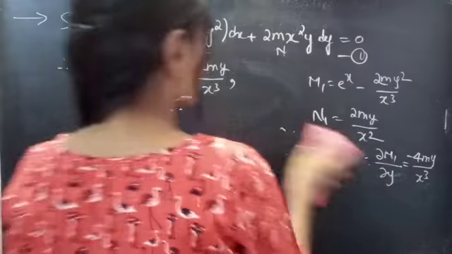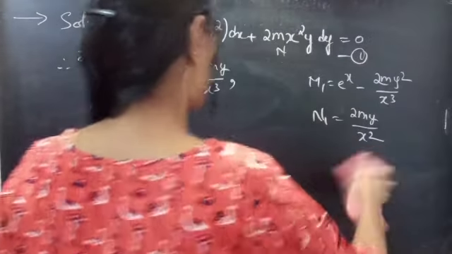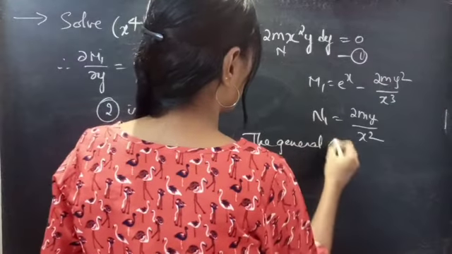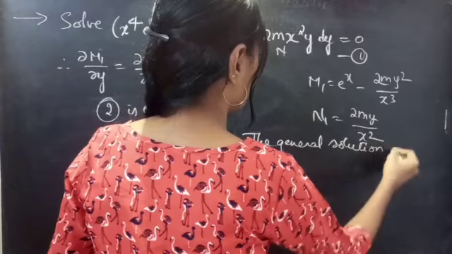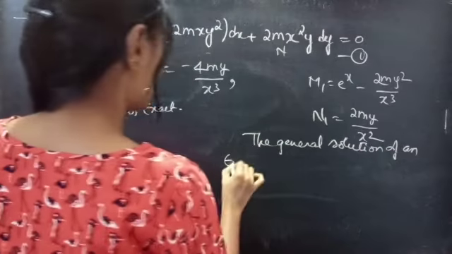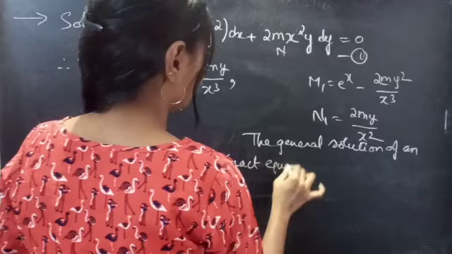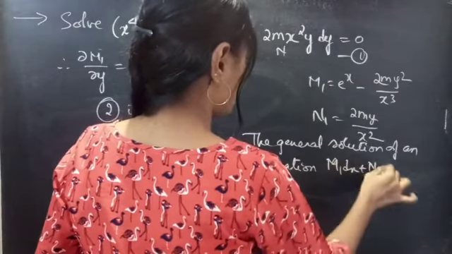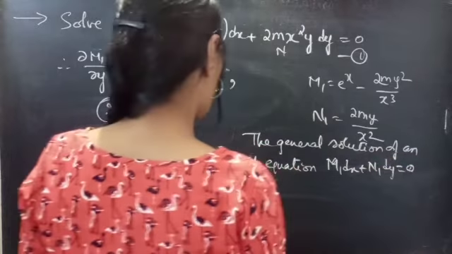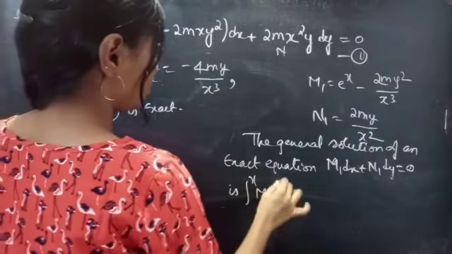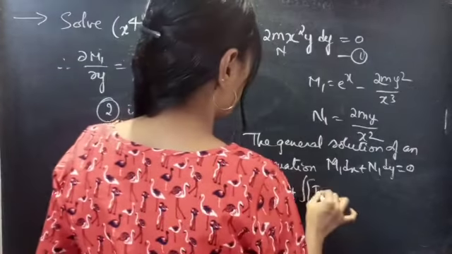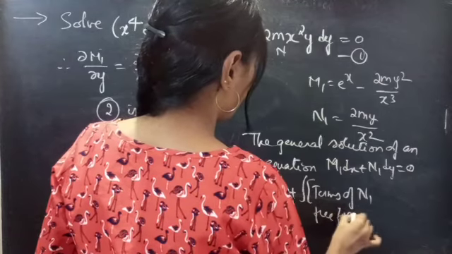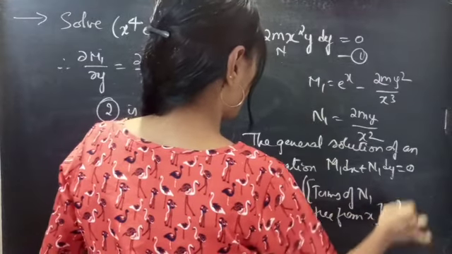Since we know that the general solution of an exact equation, which is in m1 dx plus n1 dy equals 0 form, is given by integral over x of m1 dx plus integral of terms of n1 free from x into dy equals c.